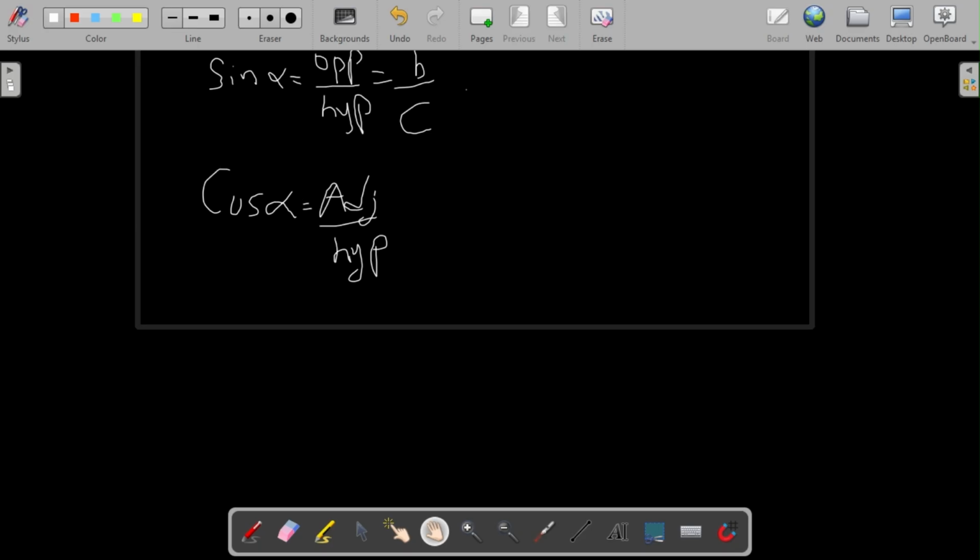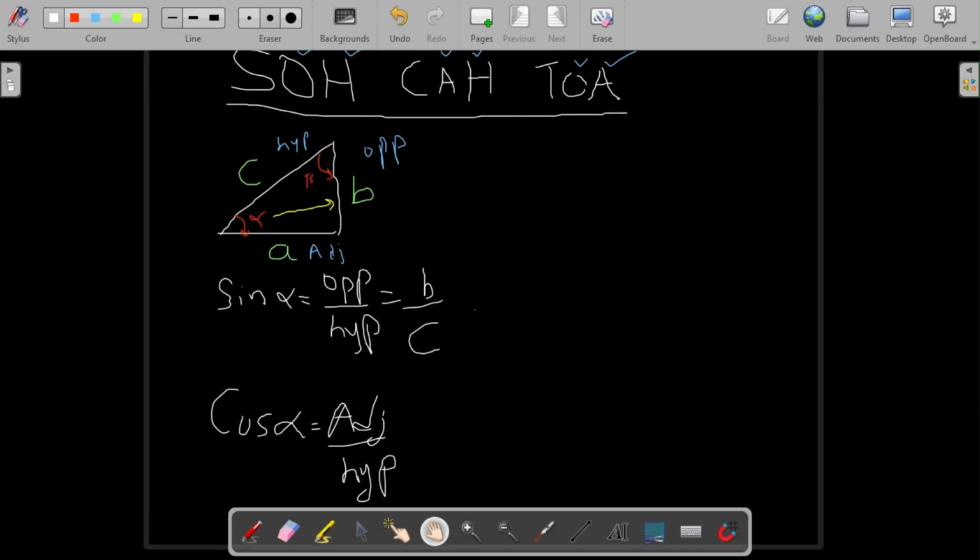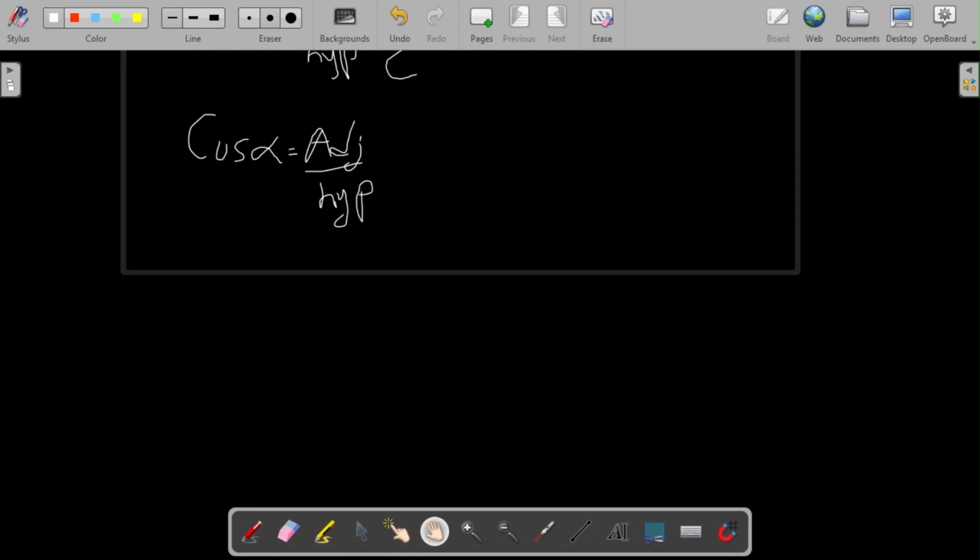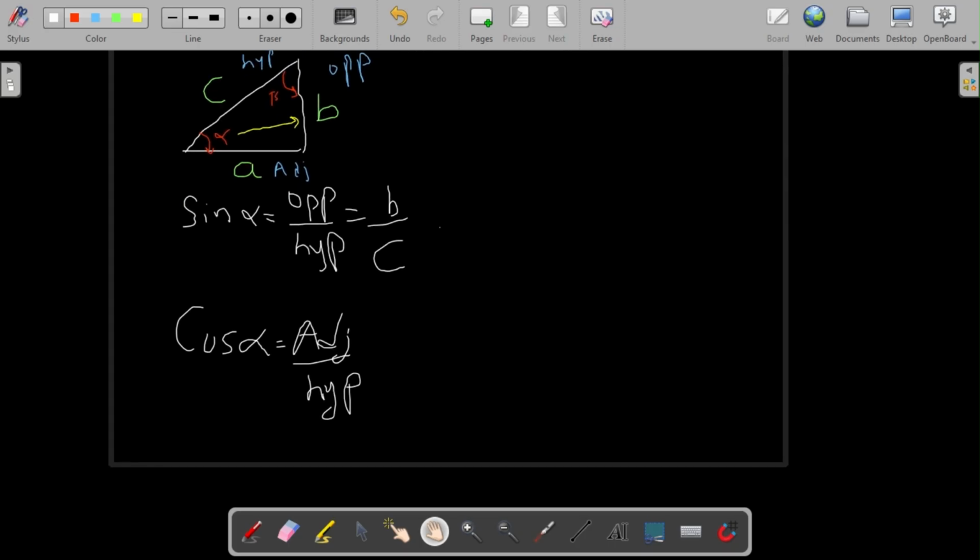So from this triangle, my adjacent, because I'm working based on alpha, is A. My hypotenuse, the longest side of the triangle, is C. So I've been able to obtain B over C from sine alpha.